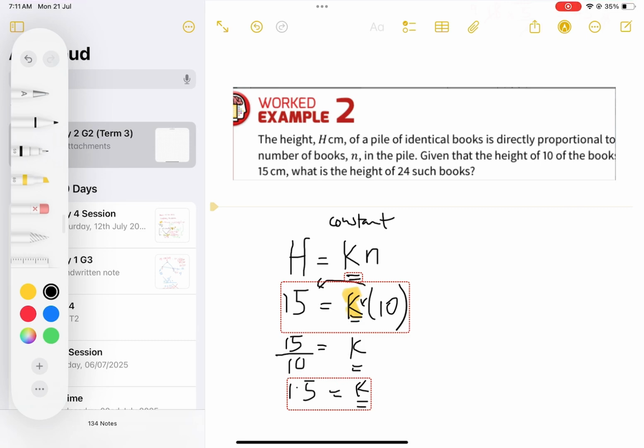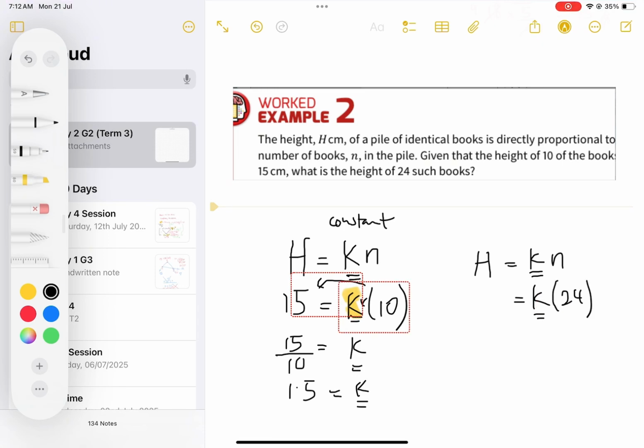Then we have the next one. What is the height of 24 such books? So height equals, again, k n. The n will now be 24. As we have learned, the constant k will forever be the same. The k will forever be 1.5.